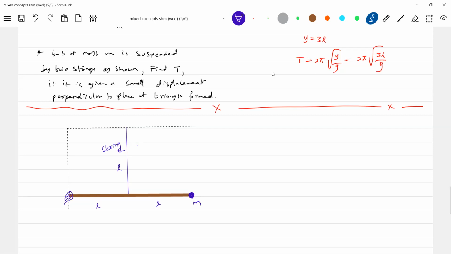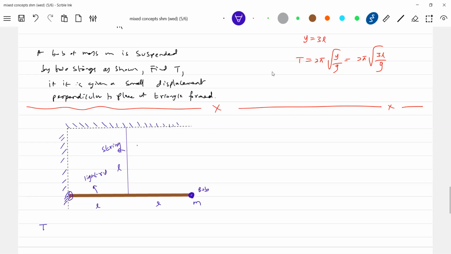There's a light rod. There's a wall. So I'm bringing another pendulum in this way. Here is a bob. This is a bob. This particular rod is hinged such that it can rotate in all the directions.